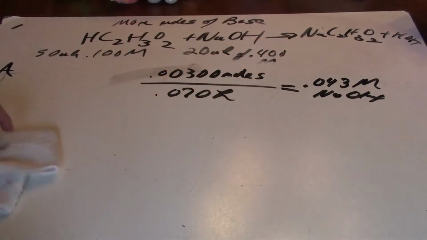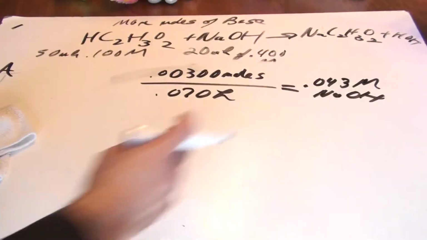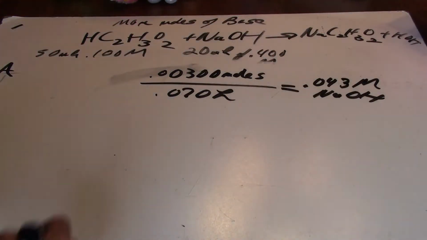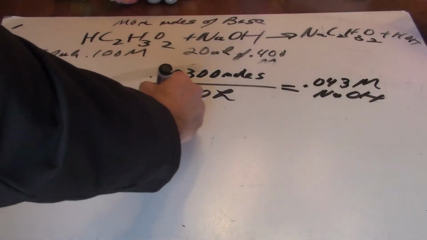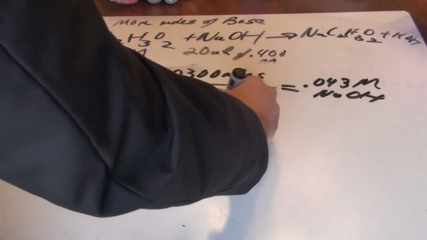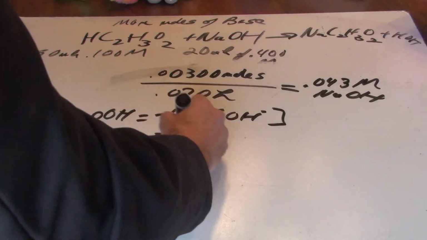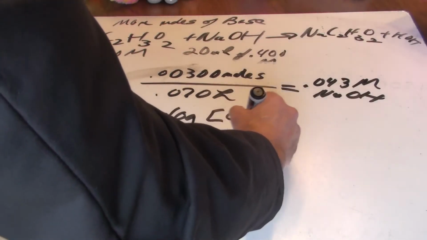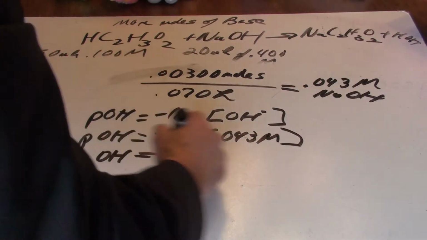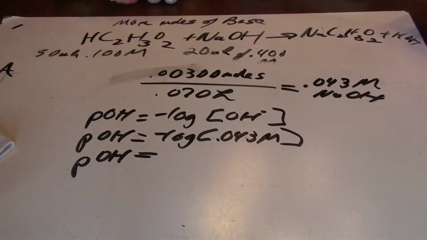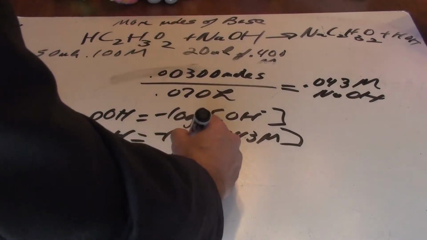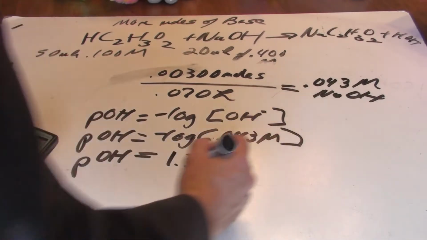So now we can use the concentration of OH from the sodium hydroxide to calculate the pOH. pOH is equal to the negative log of the concentration of OH. So the pOH is going to be equal to the negative log of 0.43 molar, and so our pOH will be 0.37.